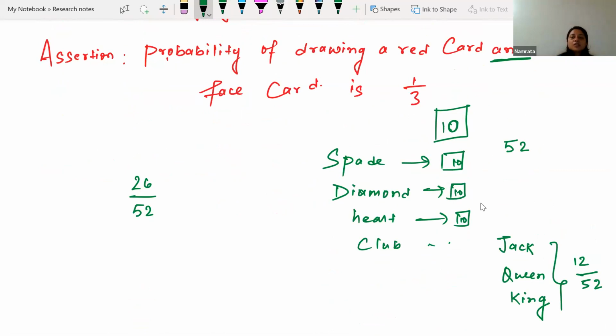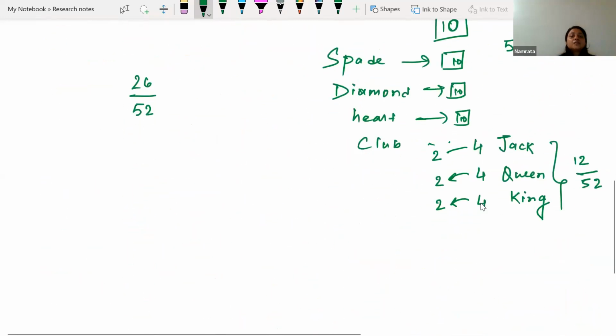Among these 12 face cards, 4 from each suit, I can say 2 red, 2 black. Right? Yes, ma'am. So the red ones we have already considered, we are not going to take them one more time. We will take only the black cards which are face cards.